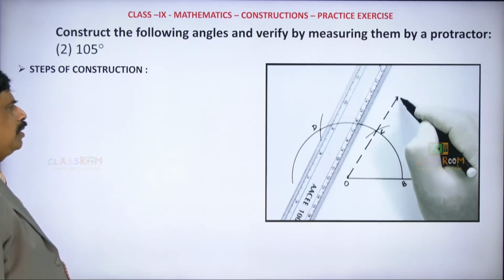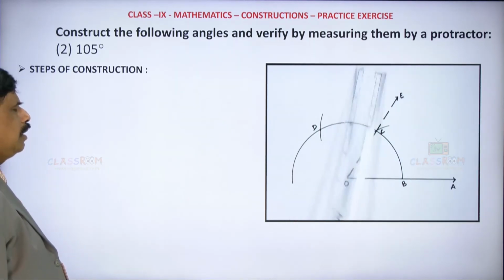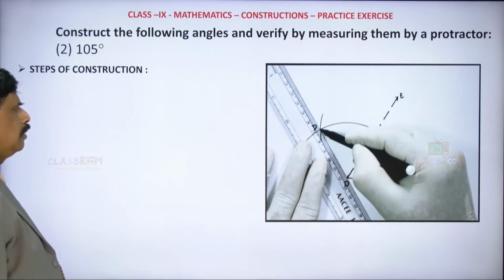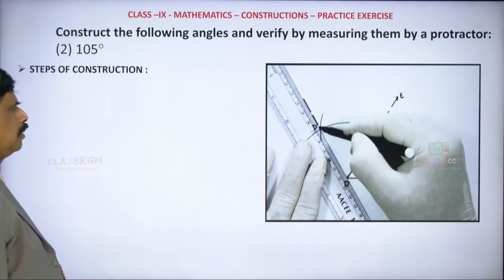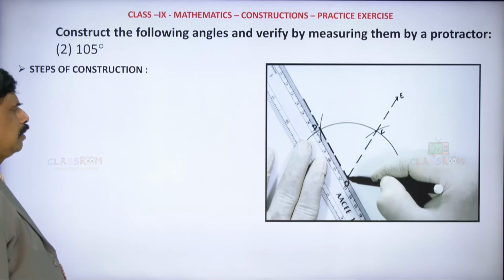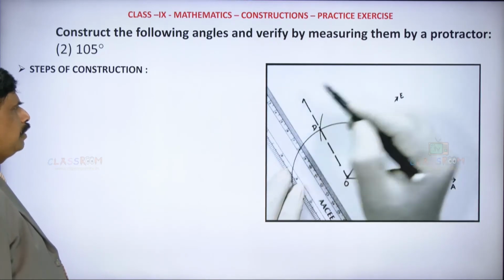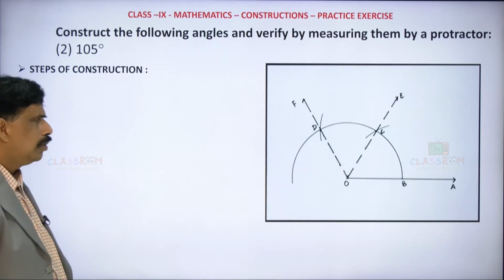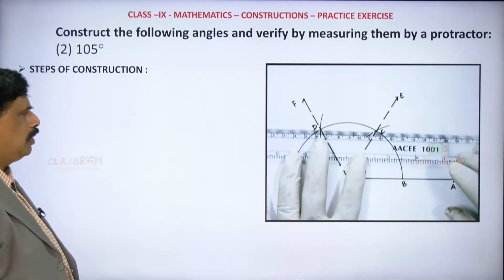Name it as E. Draw another ray passing through D. Name it as F. Now join CD.